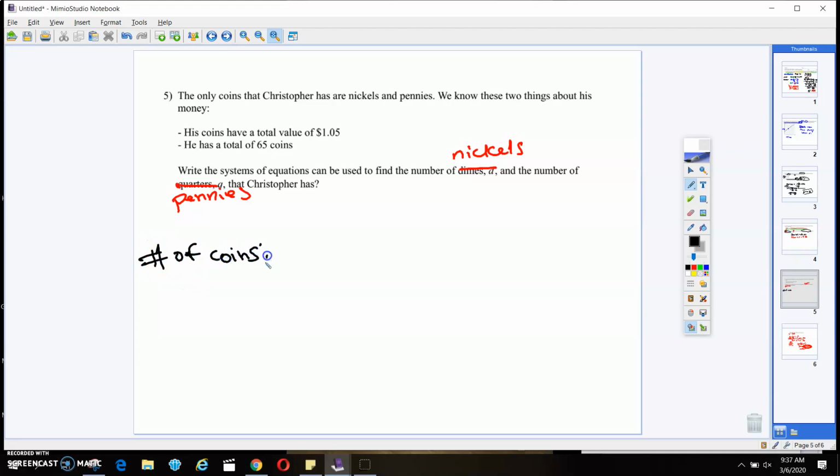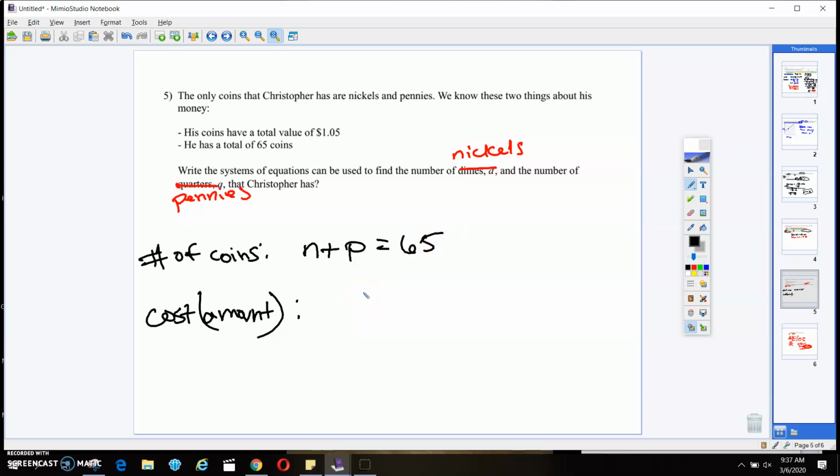And then the second equation is going to talk about the cost, or like his total amount, right? I don't want to say cost because if he's not spending his money, he's just writing an equation. All right, so we've got nickels and pennies, so we've got N and P. And we're going to set that equal to 65 because that's the total number of coins, right?